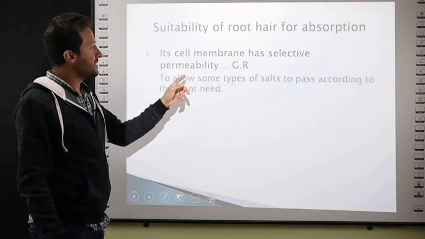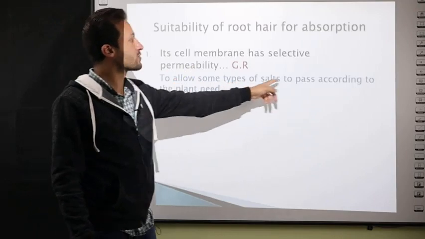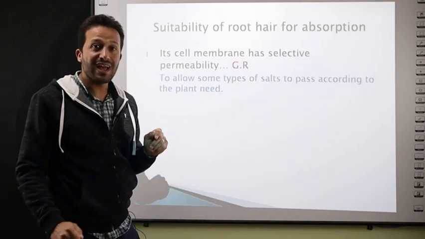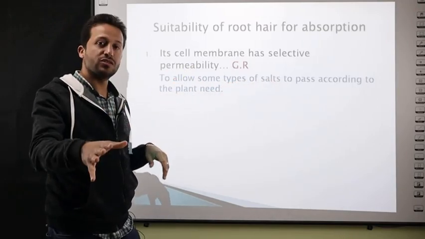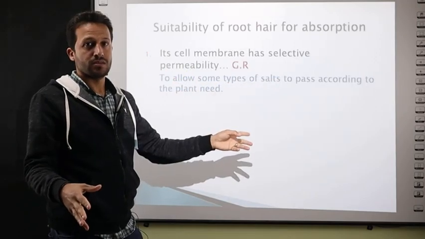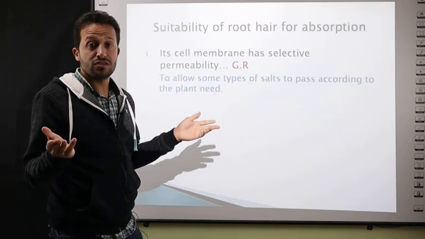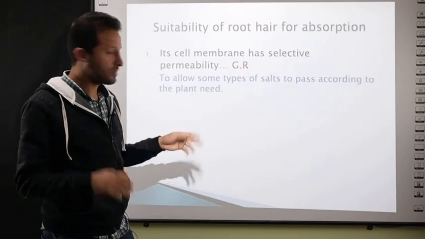So selective permeability means allowing some types of salts to pass according to the plant's need. If the plant needs sodium, it will pass. But if the plant doesn't need sodium, it will not pass. Okay?